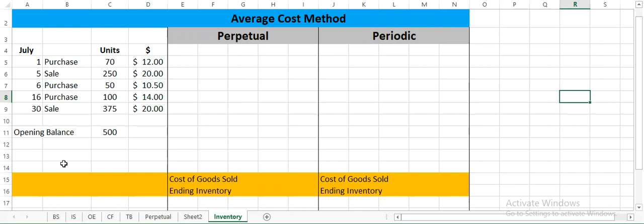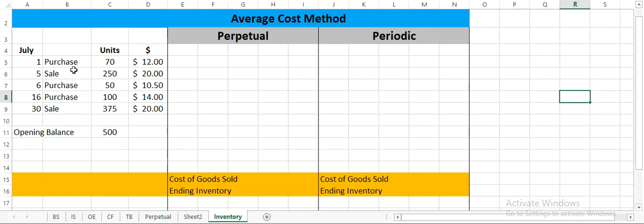One of the first things we need to do is understand what's going on here. In this section we'll have transactions for the month of July. A merchandising company is selling and buying their inventory products, and we're going to keep track of what they sell and what they buy in this area.